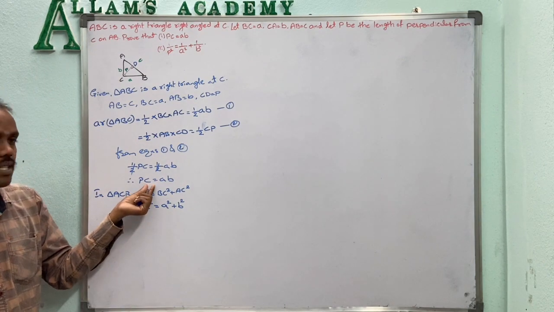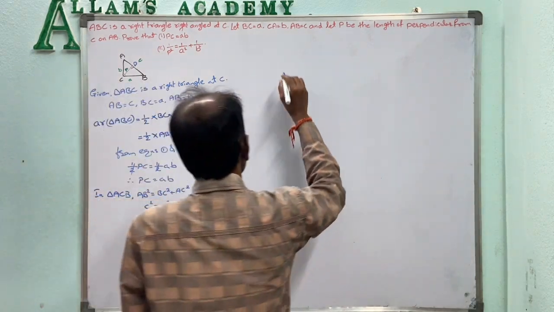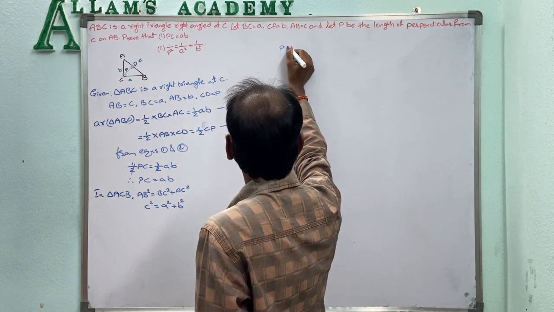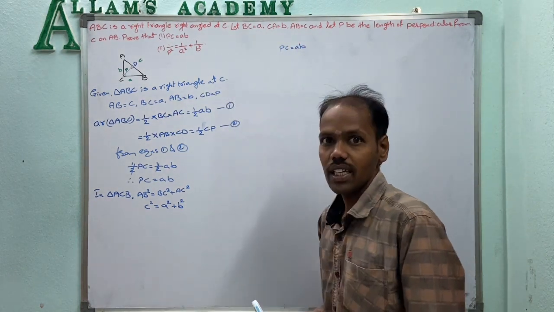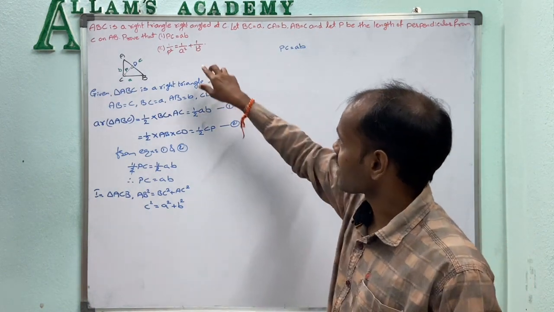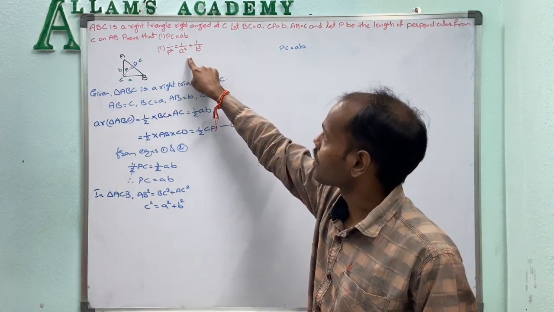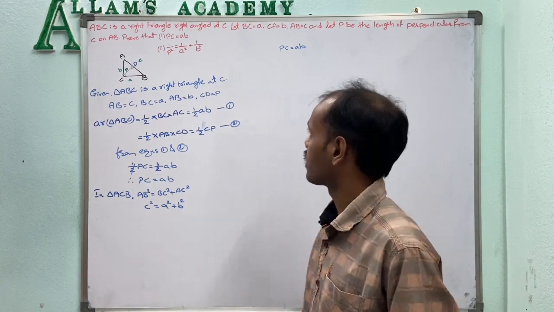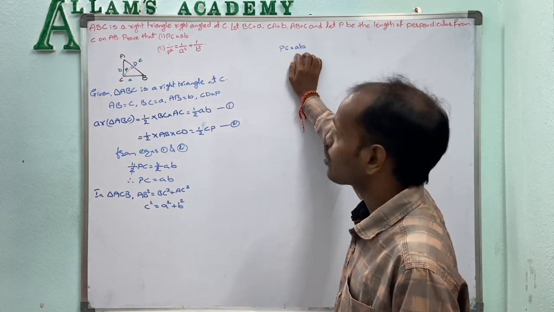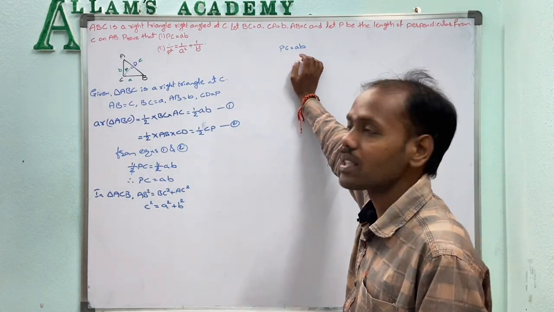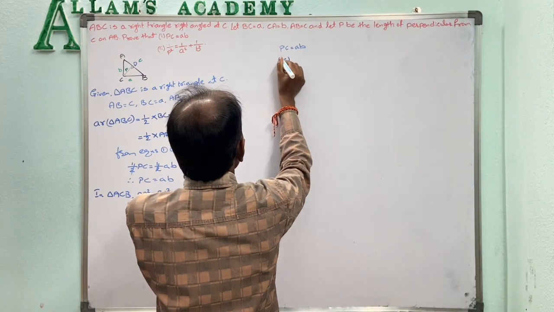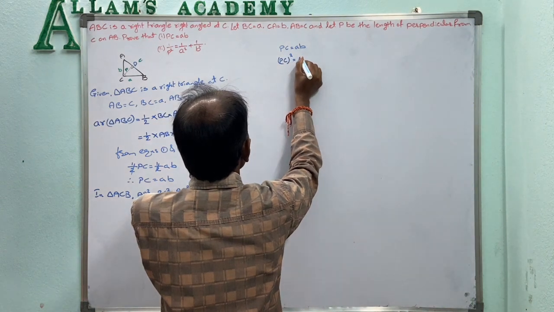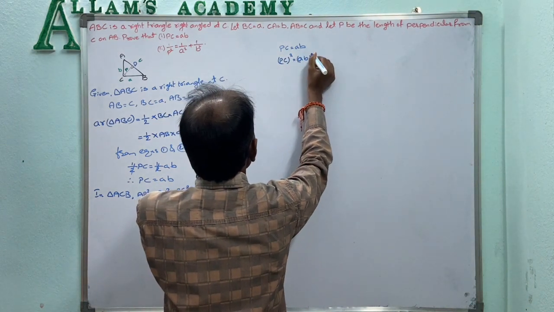Now if we observe the given condition, first proof PC equal to AB. For our answer, 1 by P square equal to 1 by A square plus 1 by B square, for that purpose, these two values will be squared on both sides. So PC whole square is equal to AB whole square.